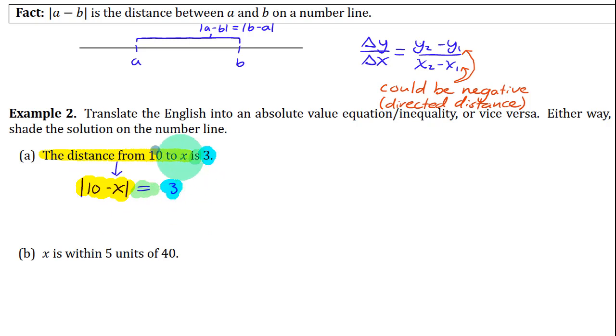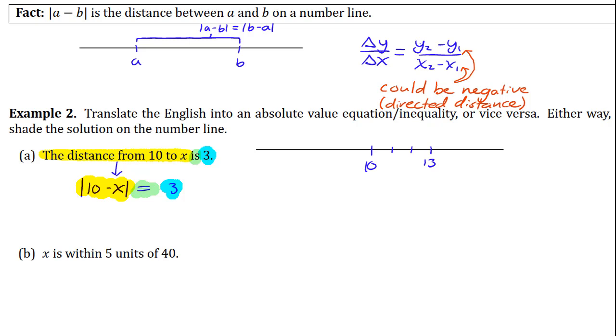So if you want to write the solution set, in other words, the values of x that make this work, well, it's a little tricky to look at it using the symbols if you don't know how to deal with it. But let's just think about what x's make this true. We want to make the distance from 10 to x be equal to 3. So let's look at a number line here. Let's start with 10 right here. And we're going to go 11, 12, 13.